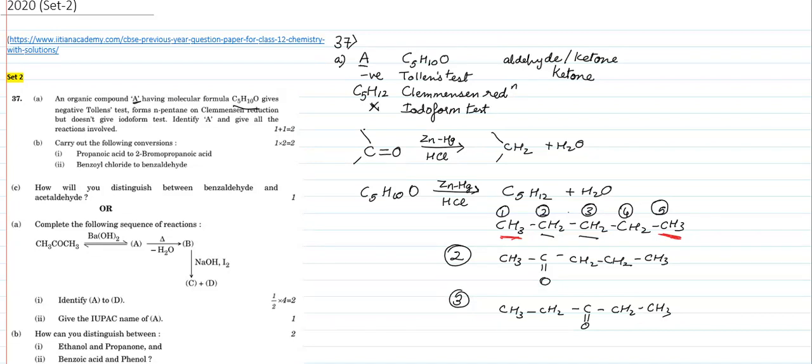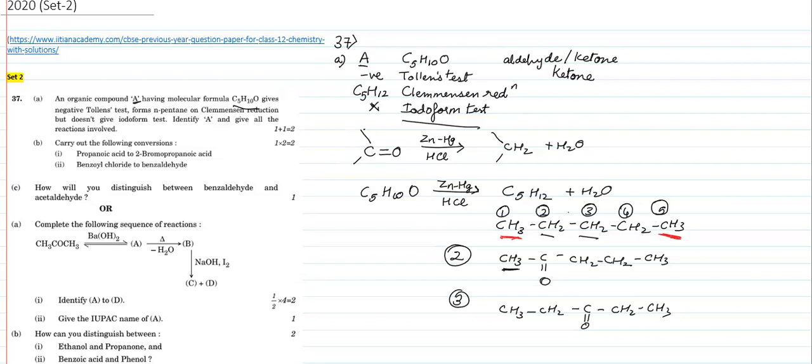Now, it can either be this or this. Both seem correct, because based on whatever we figured out, both of these would not react with Tollens reagent to give us a positive Tollens test, and it would give us n-pentane on Clemmensen's reduction. The last piece of information is that it does not give the iodoform test. Now, for a compound to give a positive iodoform test, it would have to have a methyl ketone group.